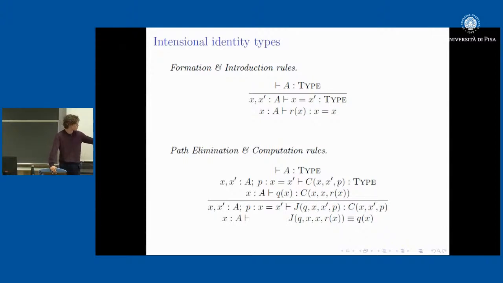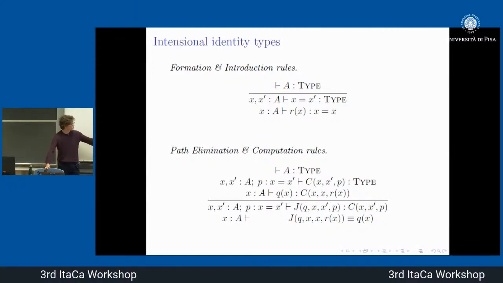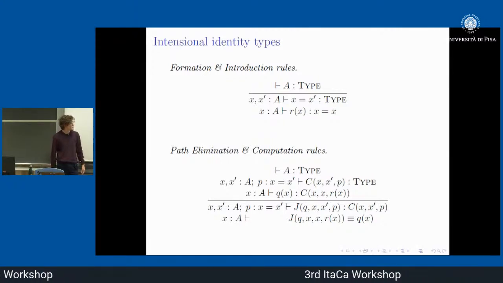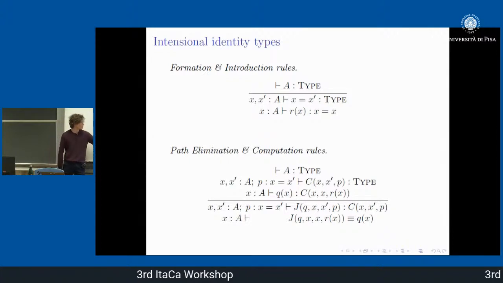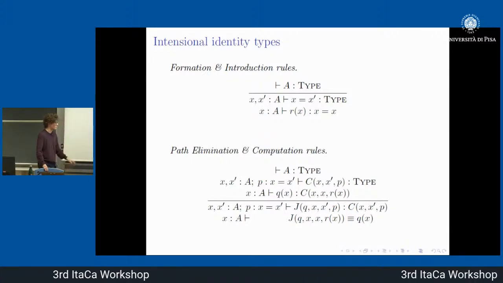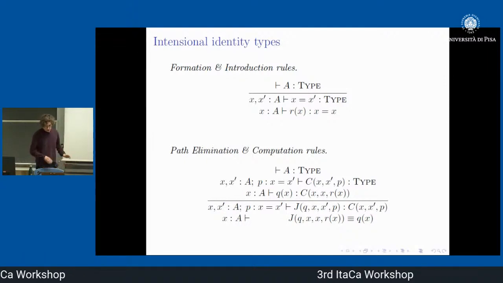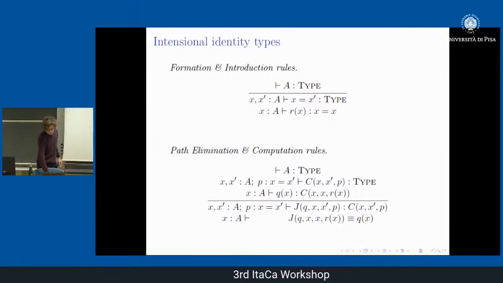So for the statement C dependent on a general path P. And the computation rule tells us that this new proof J coincides with the one in the hypothesis q if in place of P you plug in the reflexivity. What do we do today?